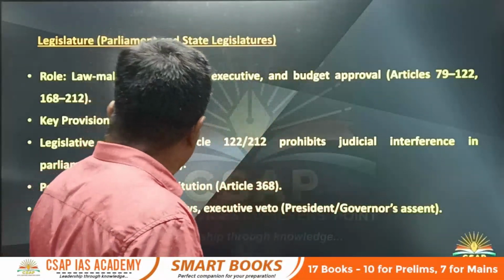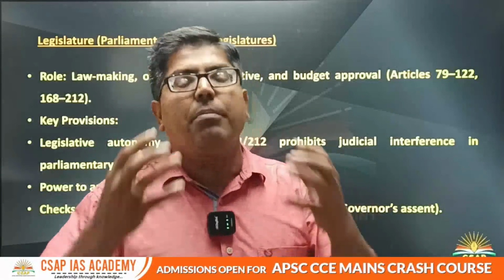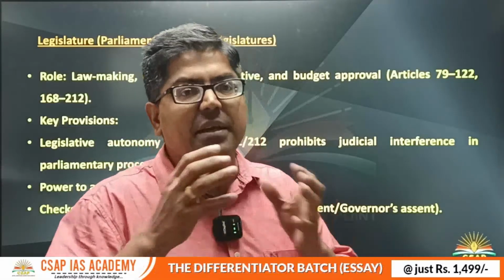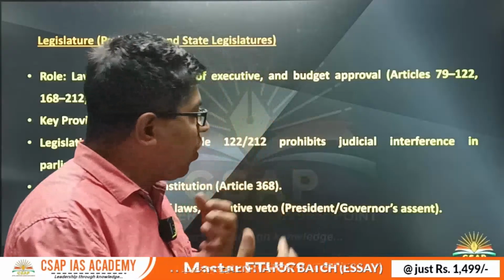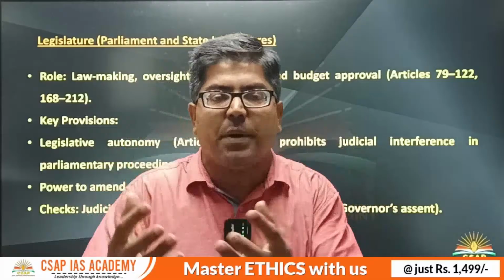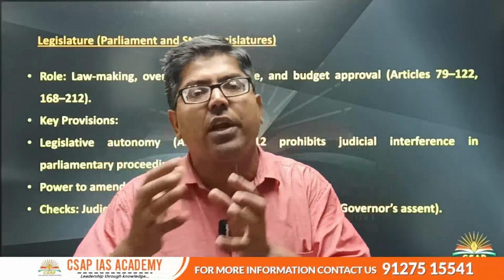We have the judicial review of laws. So the laws passed by the parliament can again be reviewed by the judiciary. The judiciary plays a very important role as the interpreter of the constitution. So its role is to look into whether the laws passed by the parliament are constitutional or not, right?